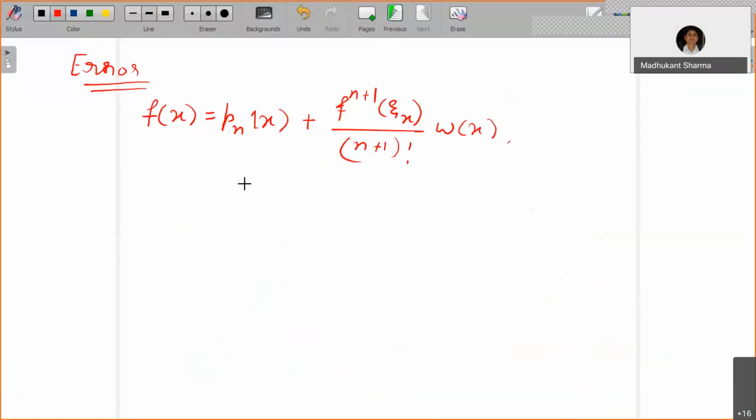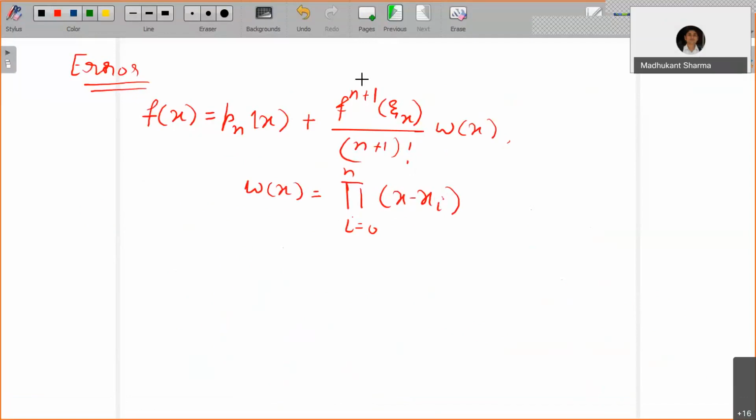What was w? That w is a polynomial of degree n+1, the product for i equals 0 to n of (x minus xi). So this denotes the error term.